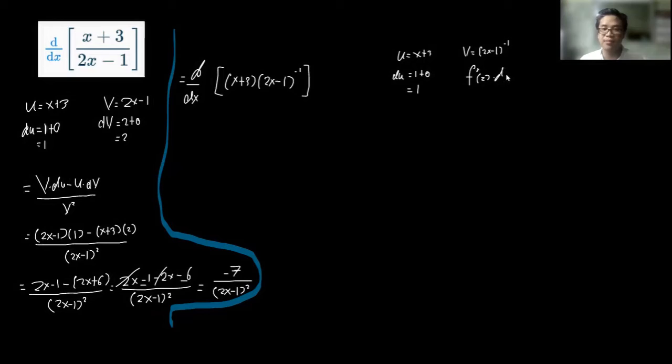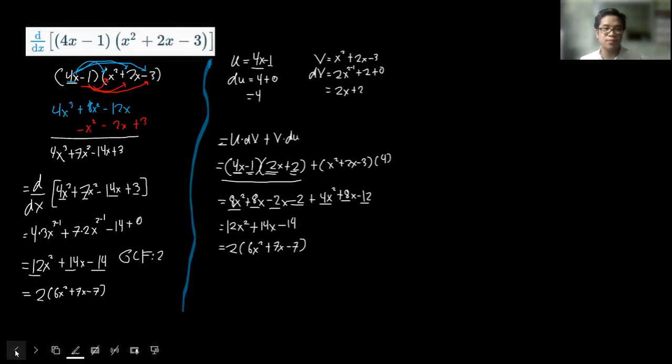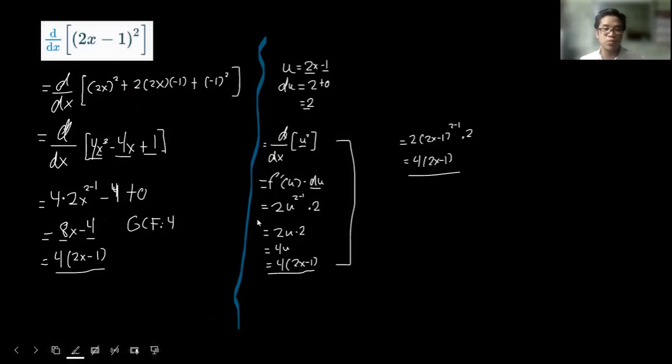F prime of z times dz, or in other words, the derivative of f of z times dz. So this is similar to the question earlier, which is this one here. Okay, so let's go.